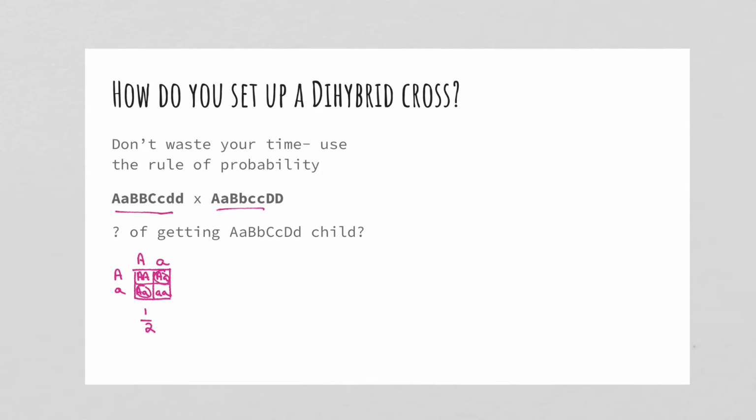Now, what's the probability of getting big B, little b from this cross of big B, big B, by big B, little b? Again, I'm going to start another little Punnett square because I find it easier that way. Sometimes you can do these Punnett squares right in your head, and that is totally okay. So I can see this is also 1/2.